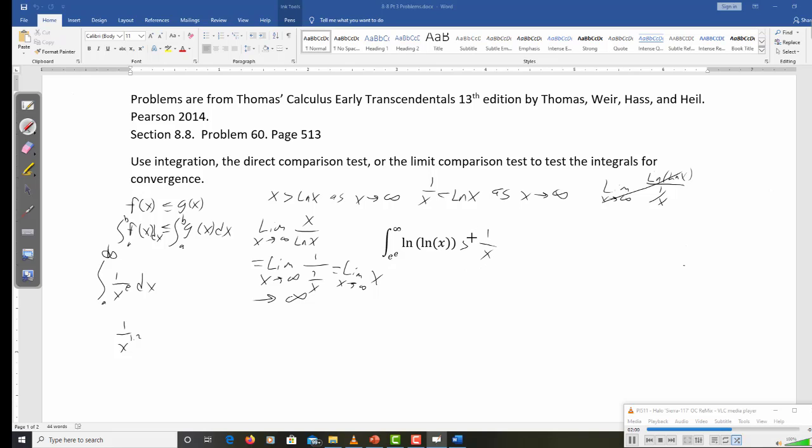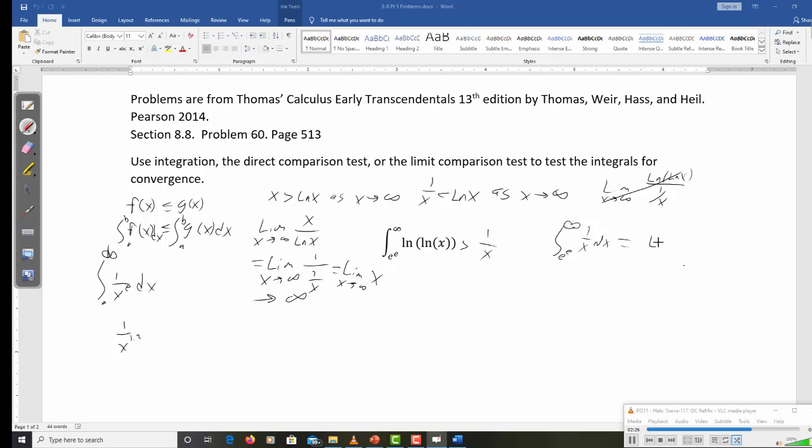We integrate this from e to the e to infinity. This will be infinite, because if you do integral e to the e to infinity of 1 over x dx, you get, let's see here. What do you get?